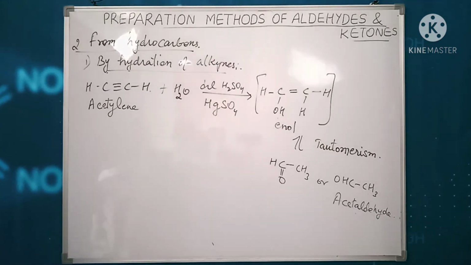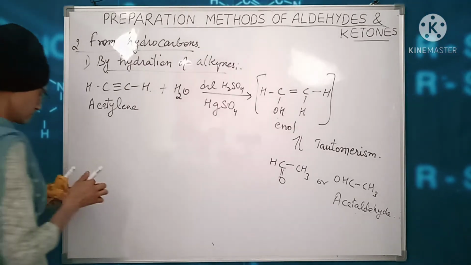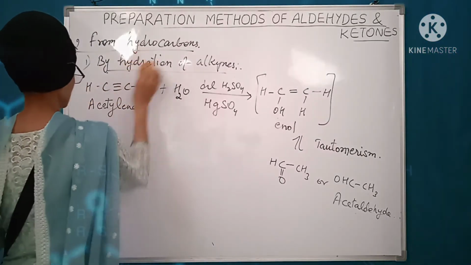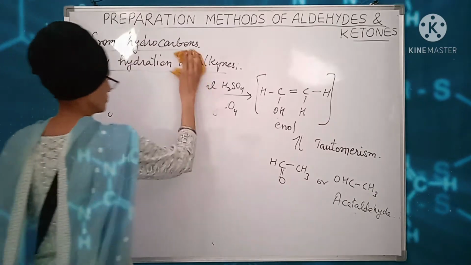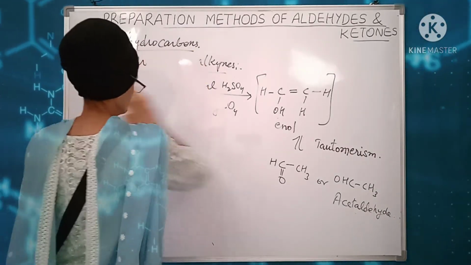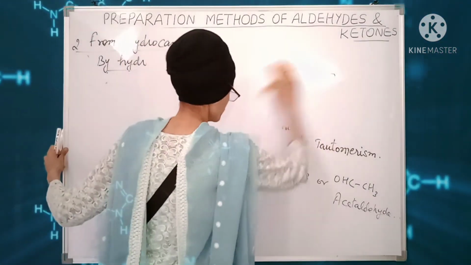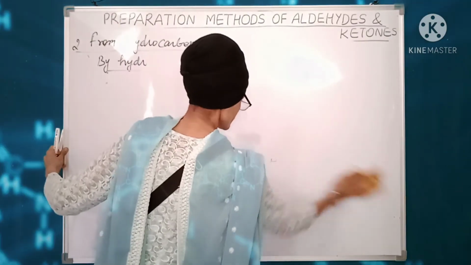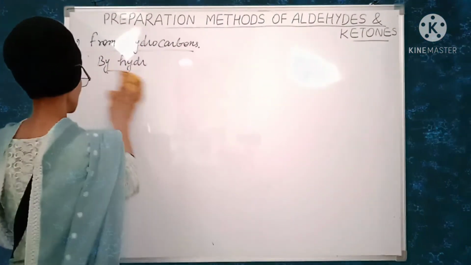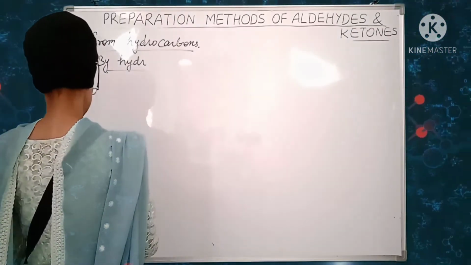Now the hydroboration reaction of alkynes. The next method from alkynes is by hydroboration. In the hydroboration reaction, alkynes are treated with diborane.